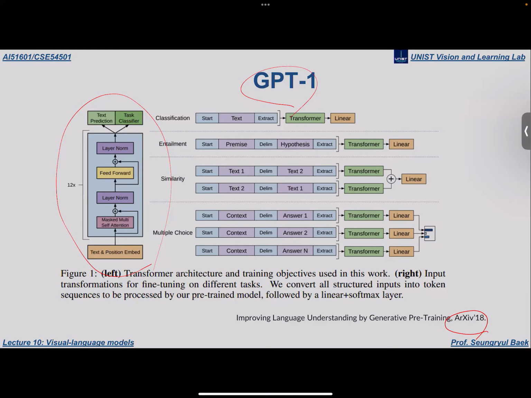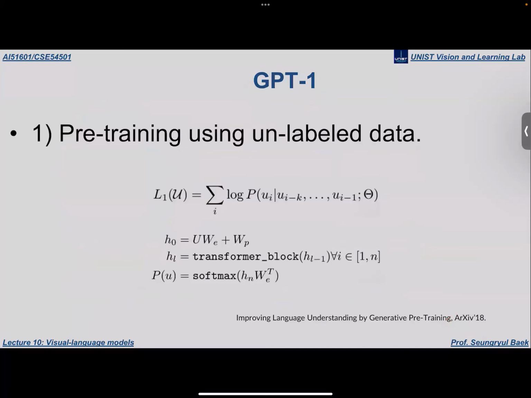They used a transformer architecture and trained it using lots of text data in an unsupervised way. And then they fine-tuned this GPT architecture to some downstream tasks in NLP. So that was GPT.